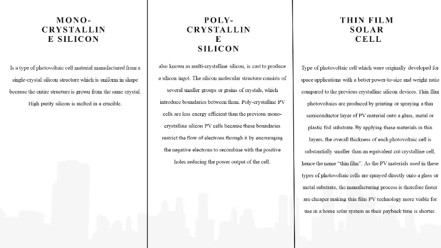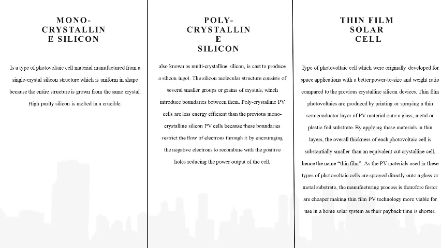Polycrystalline PV cells are less energy efficient than the previous monocrystalline silicon PV cell because these boundaries restrict the flow of electrons through it by encouraging the negative electron to recombine with the positive holes, reducing the power output of the cell.